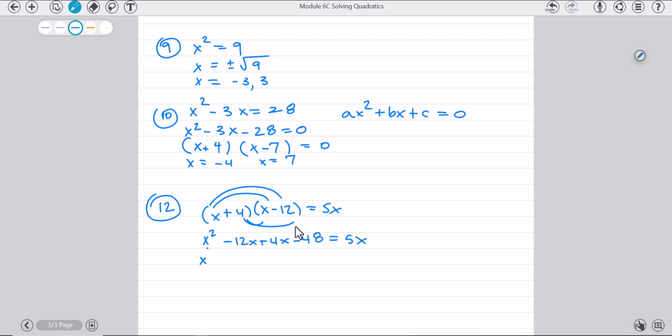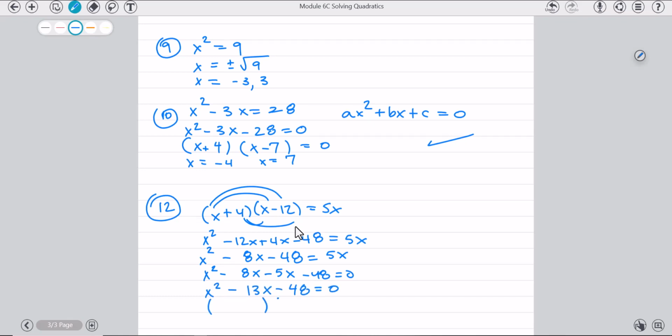So I get x squared minus 8x minus 48 equals 5x. Move the 5x to the other side. I'm going to, in fact, put it right there, because I want to get it in that format again, and collect like terms. x squared minus 13x minus 48 equals 0, and now I have something that I can try to factor.